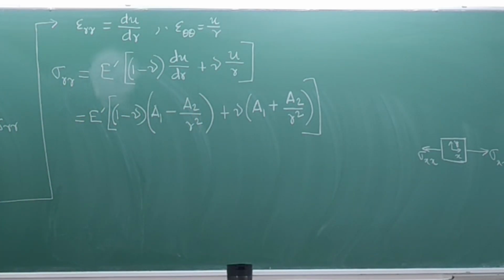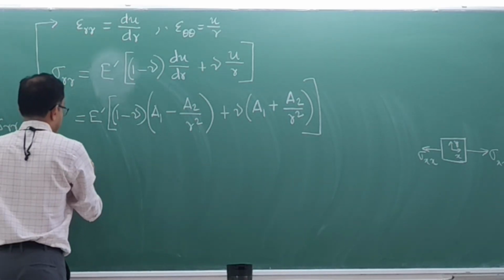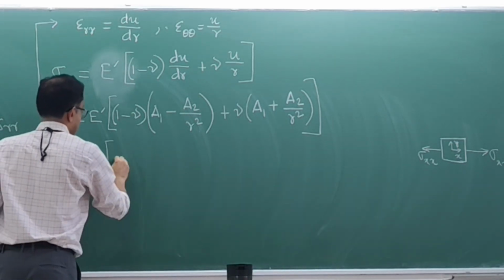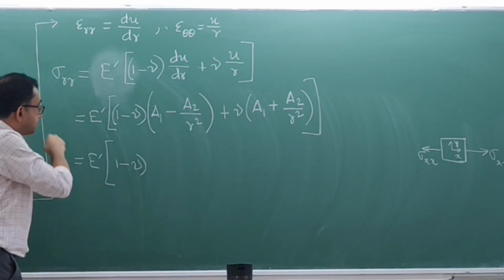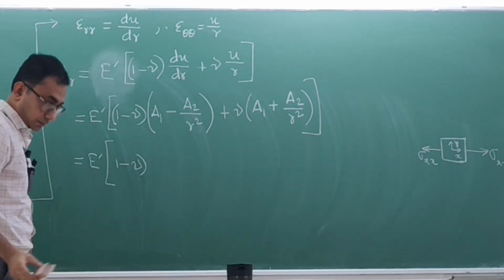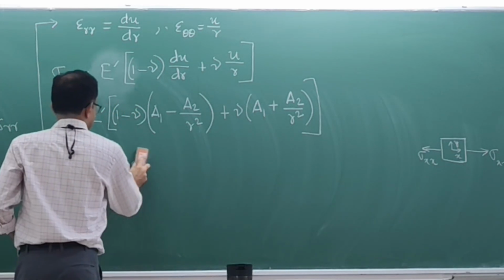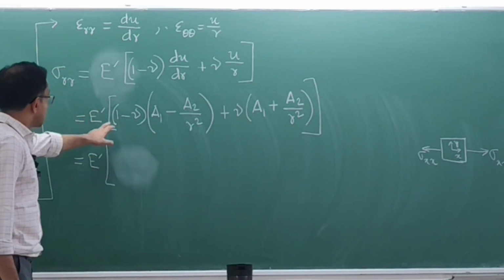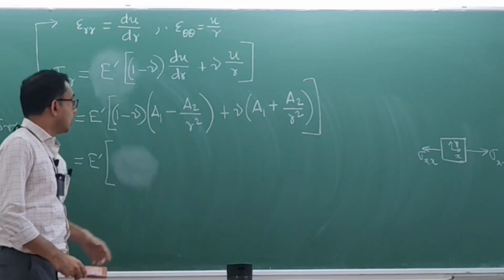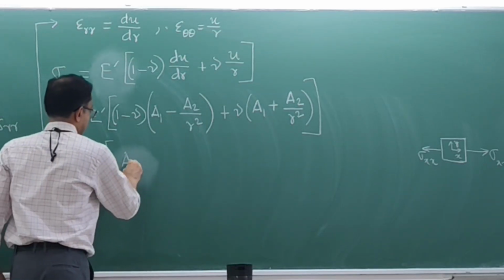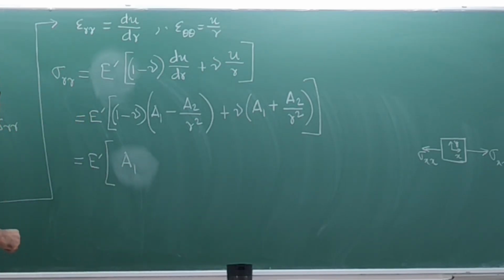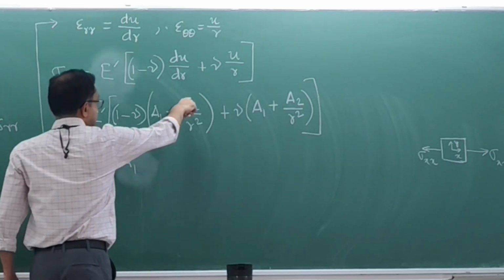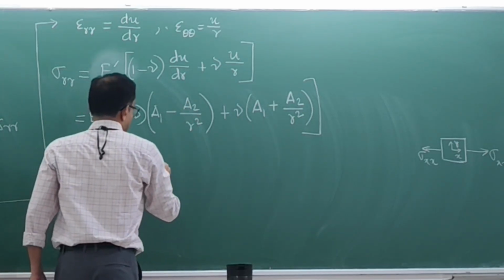All right. So now let us simplify this a little bit. So you see, this is 1 minus nu a1 plus nu a1, so this is just a1. And then we have this a2 by r square.